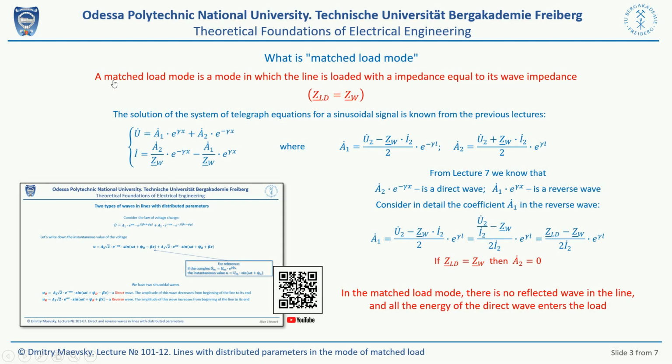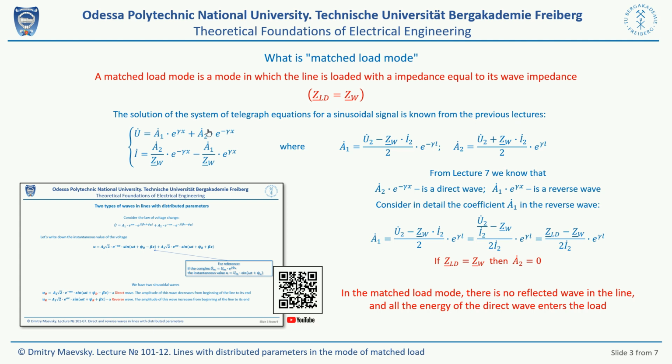The mode we are going to study is called the matched load mode. In the matched load mode, the loading impedance of the line ZLD is equal to its wave impedance ZW. Let's examine in detail what happens when these impedances are equal.